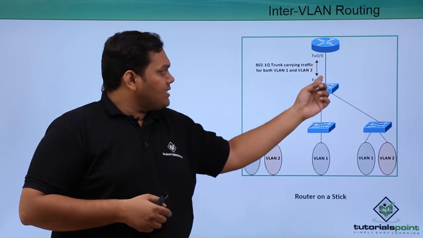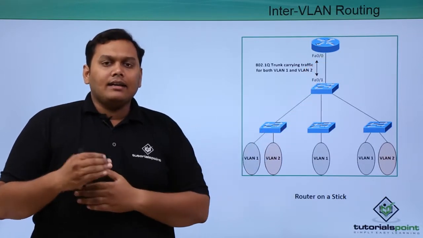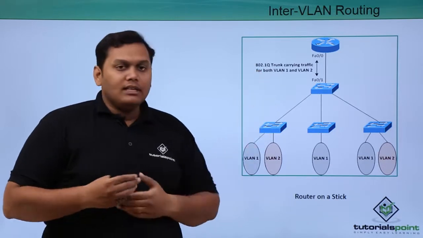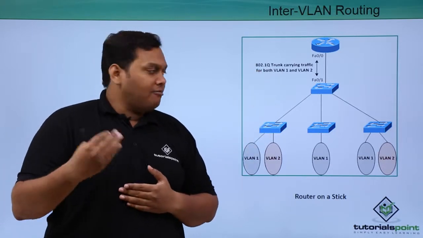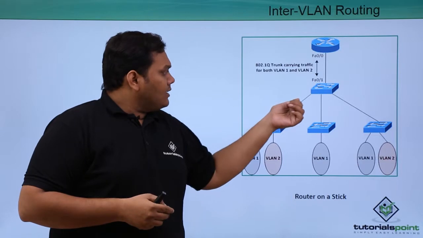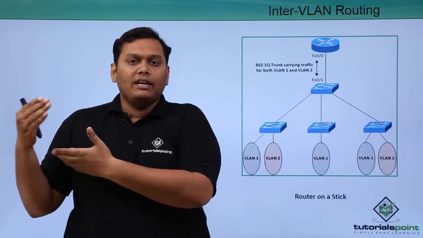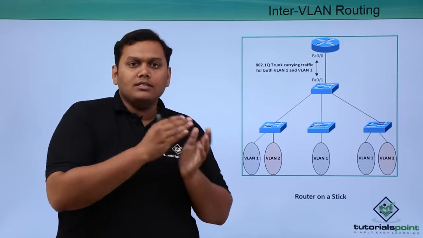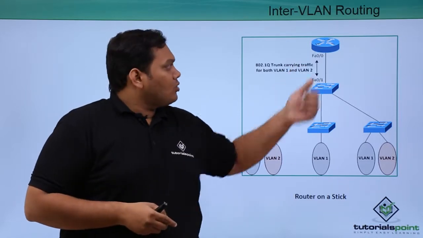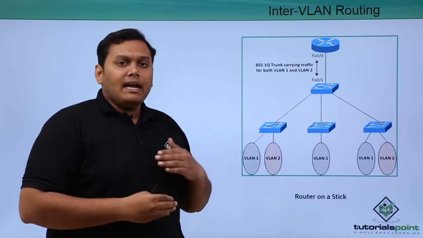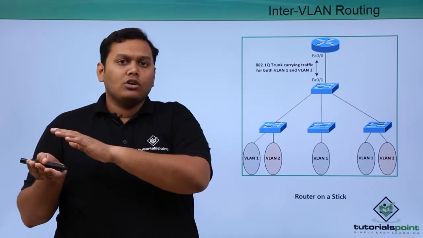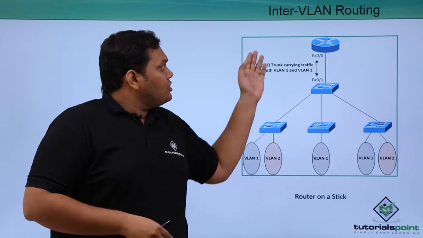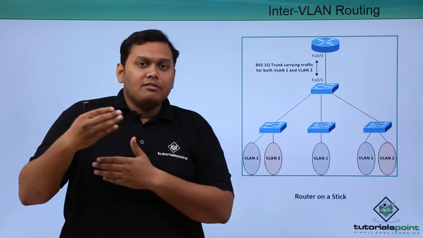We made this a single trunk link of 802.1Q so that it carries the traffic of both VLAN 1 and VLAN 2, so that communication between a host of VLAN 1 and a host of VLAN 2 is made possible with this router. And this is inter-VLAN routing, so that a host on one VLAN can communicate with a host on another VLAN. So, this is all about inter-VLAN routing.